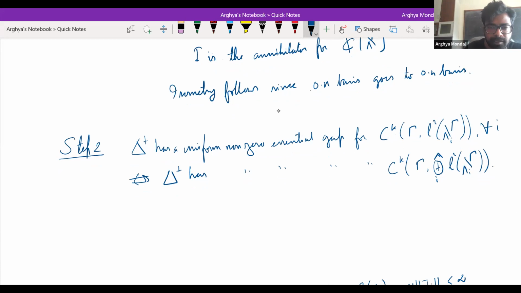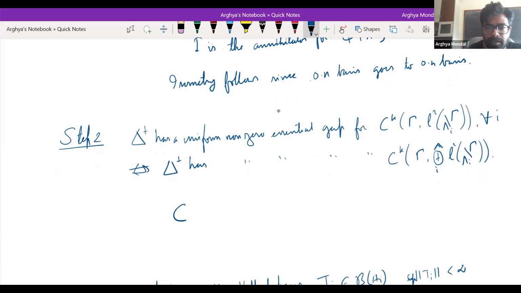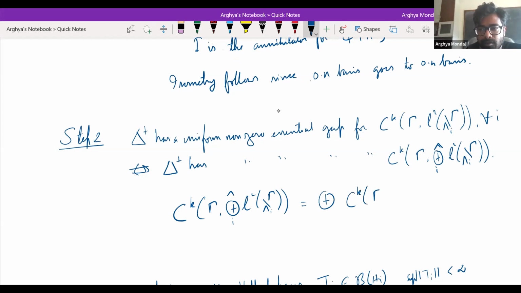So what you have to notice is that you can look at the direct sum of all these quotient complexes L2 lambda mod gamma I, and then you can look at the Hilbert direct sum of it.